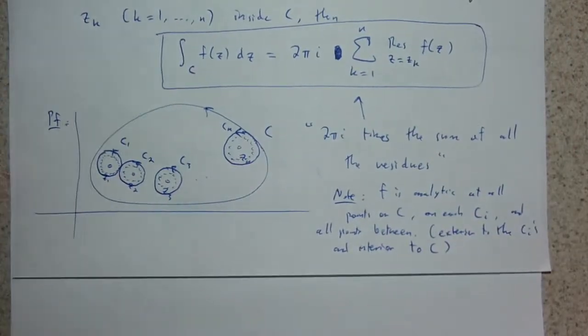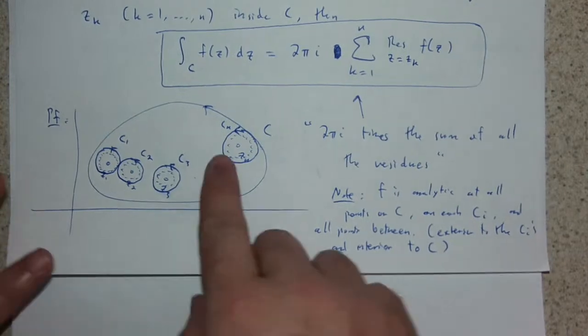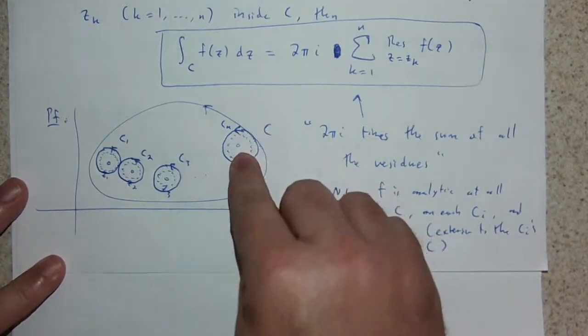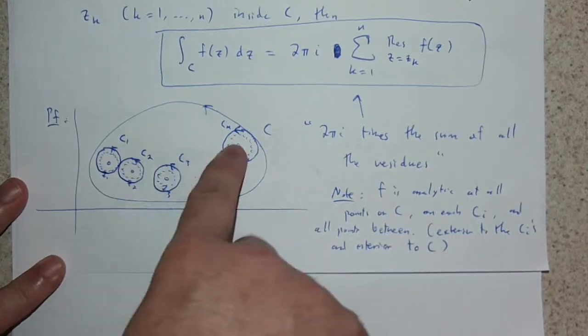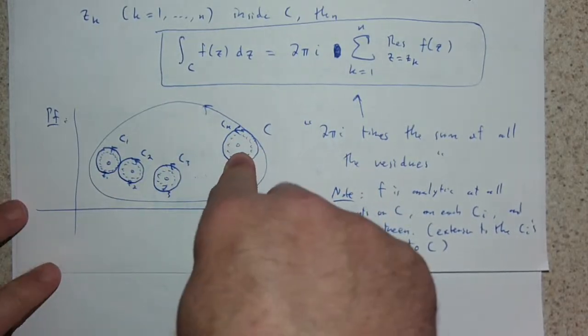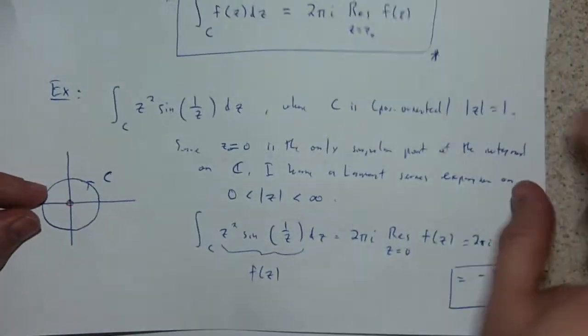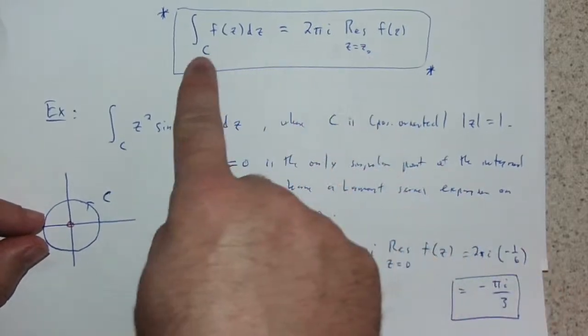Each one of these subcircles encloses a single isolated singular point. And so, around each circle, to compute that contour integral, I can use this fact.